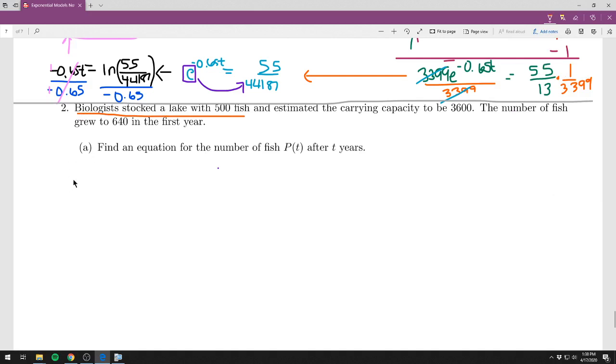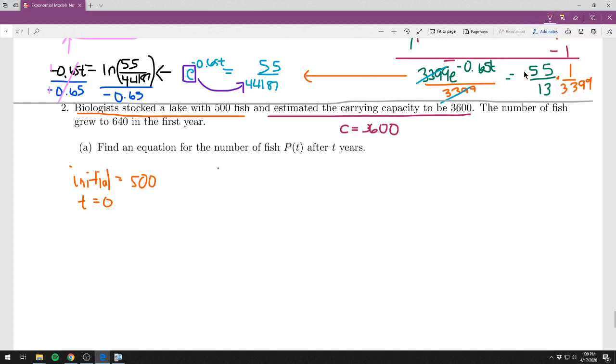That's going to be the initial amount, but remember that's not necessarily our A here. Initial is when t equals 0. And we are told the carrying capacity is 3,600, and that's represented by C. C is 3,600.